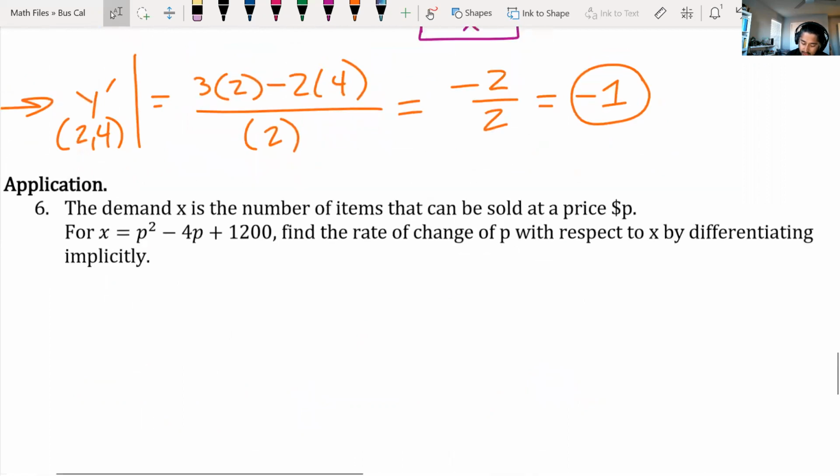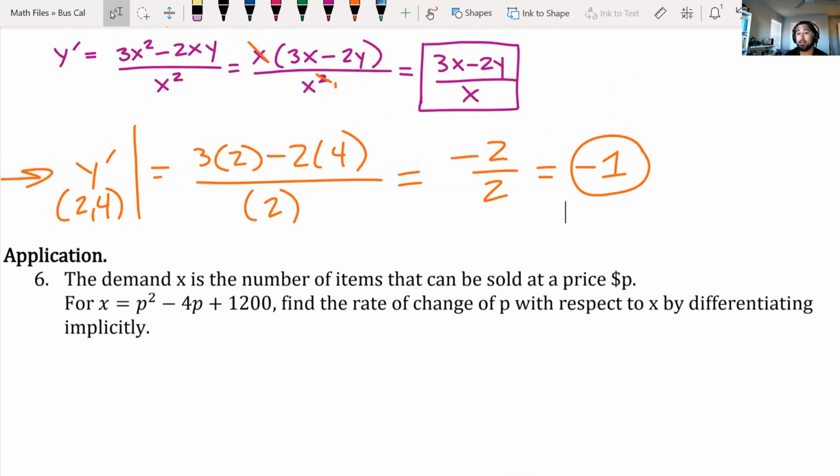All right. Number 6. The demand x is the number of items that can be sold at a price p. For x equals p squared minus 4p plus 1200, find the rate of change of p with respect to x by differentiating implicitly.